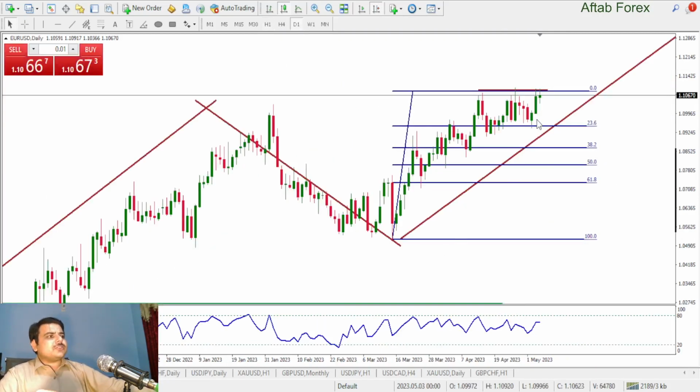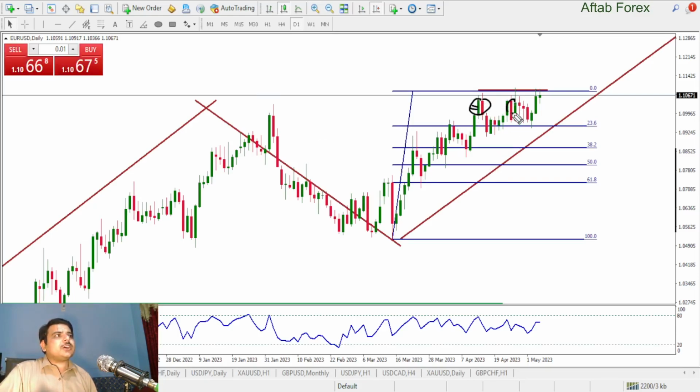So on the euro US dollar, the price action currently on the daily suggests to us, and pay close attention because this is all I'm doing it for you so that you understand. No doubt the market created a double top, right? No doubt it created a double top. But what we are looking at right here is this candle that got rejected from 23.6% retracement.